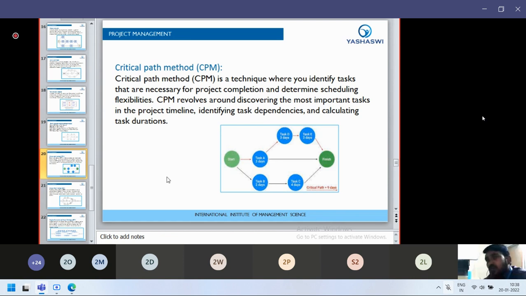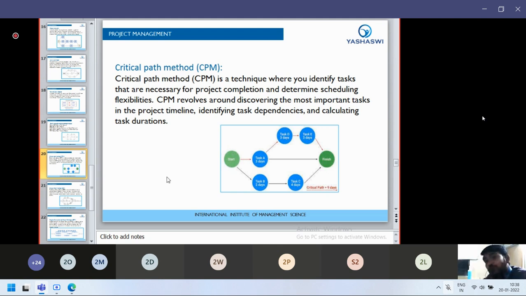Just neglect those and cover the activities in our sequential manner. That is the importance of identifying the tasks necessary for project completion and determining the scheduling, which is to be flexible in our operation management or project management.